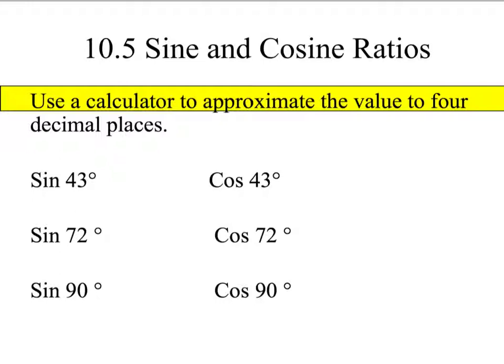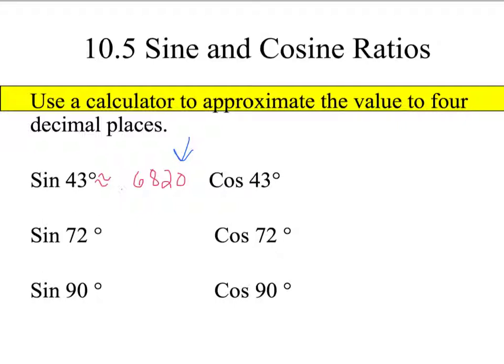We are going to be approximating to 4 decimal points, so it's approximately 0.6820. Do you need that 0? Yes, because it says 4 decimal points, so don't put 0.682 because that's not 100% correct. That's not giving me 4 decimal points.